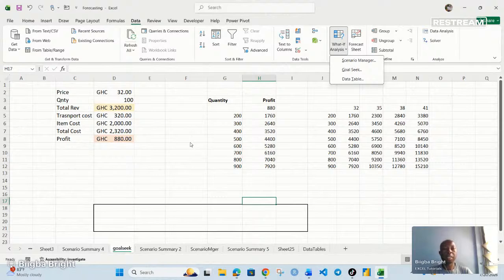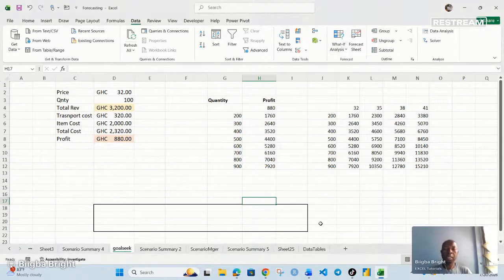So we decide the input. And then Data Tables is when we are able to have a two-way table. We have quantities on one side and we have price on the other side. It could also be different quantities on the columns and then one on the rows, in that order.